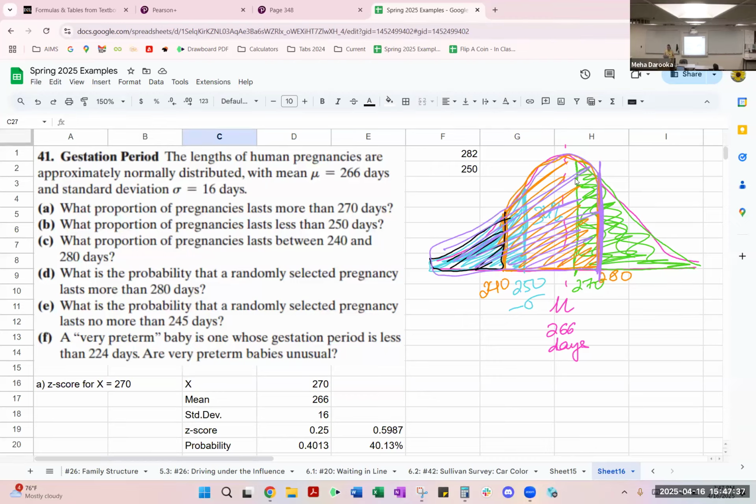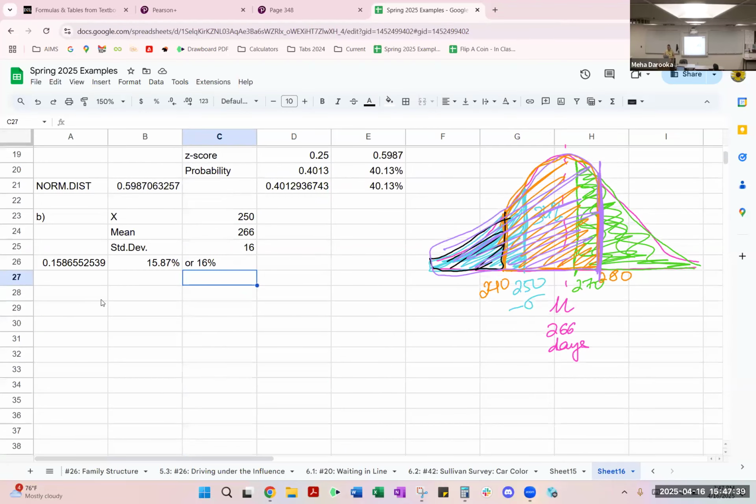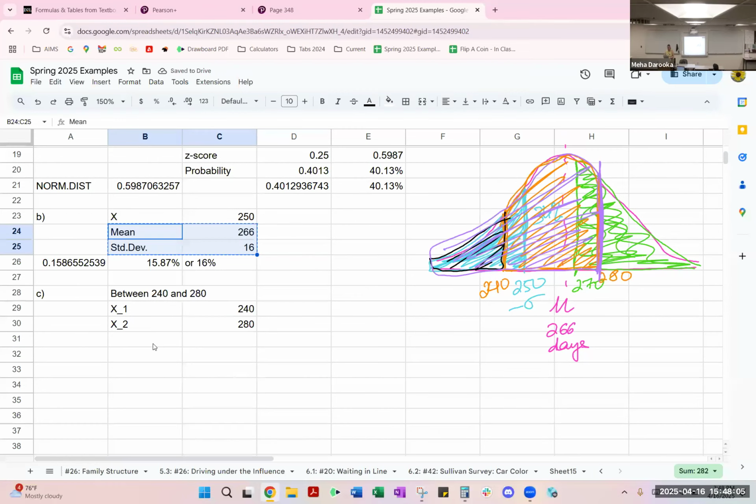So let's take a look at these two. This was part C. Okay, so this is between 240, let's call it X1, and 280, let's call it X2. And then of course our mean and standard deviation stay the same.